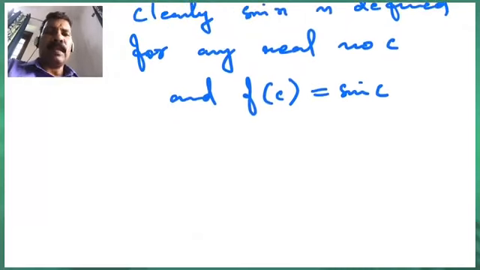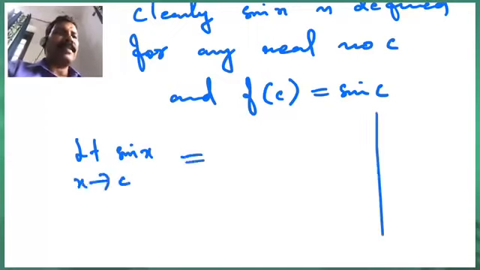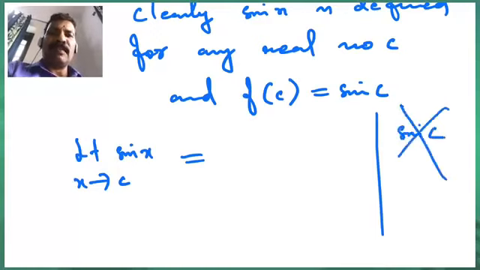Now what about the limit of sin x as x tends to c? Here we cannot put it directly, that is say sin c. Why? Because we don't know whether the function sin x is continuous. Then only we can have the value of the function in place of the limit value.